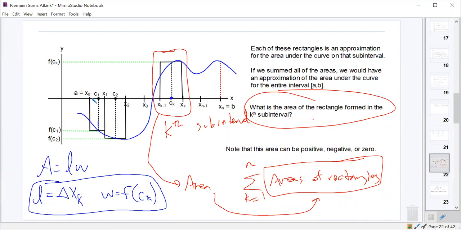And delta x sub 1 and delta x sub 2 and delta x sub 3 might also all be different because nothing in here says that each of these subintervals are equal to each other. In fact, it's pretty clear that some of them are not equal. They don't have the same width, right? That's okay. We'll be able to deal with that. So we feel okay about everything I've talked about so far?